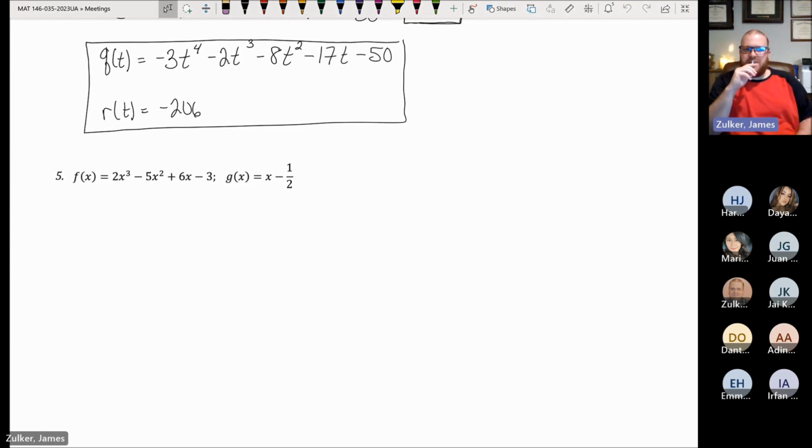So synthetic can only be used with a linear divisor whose leading coefficient is 1. Right. So if your divisor is not linear, it can't be used.